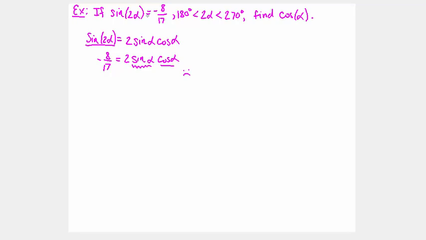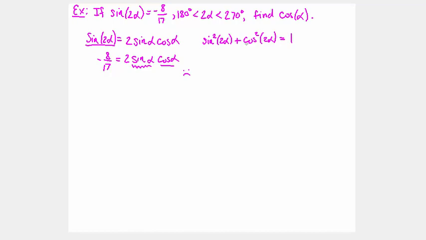Rather, what we're going to do is actually pull back the Pythagorean identity. And notice that we could also say that the sine squared of 2 alpha plus the cosine squared of 2 alpha is equal to 1. Again, that's just the Pythagorean identity.